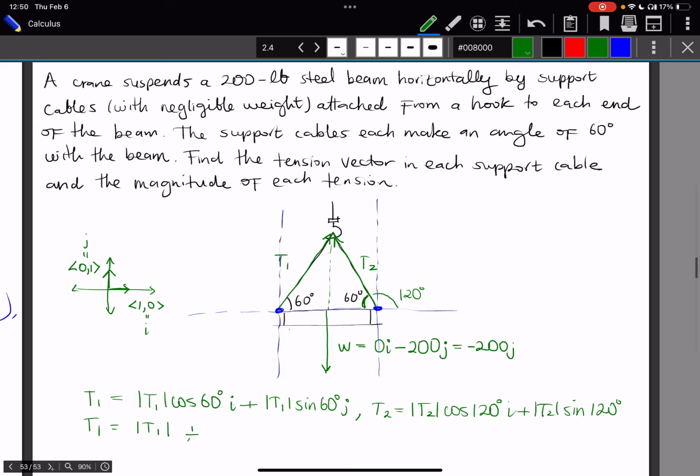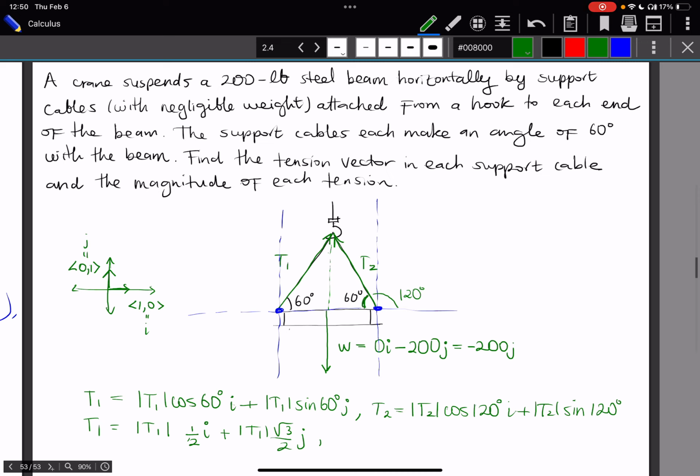So here we have a half of I. And then we have T1 again. And then sine of 60 degrees times j. Sine of 60 degrees is square root of 3 over 2. So we have plus T1 magnitude square root of 3 over 2 times j.